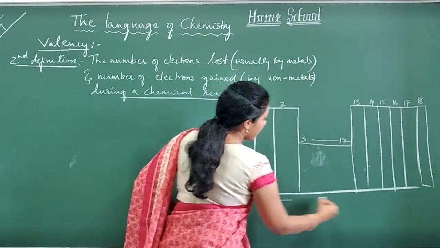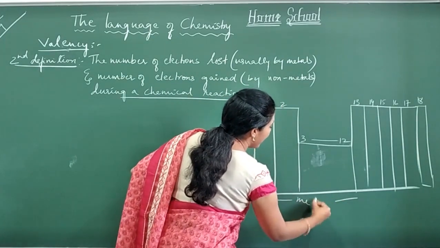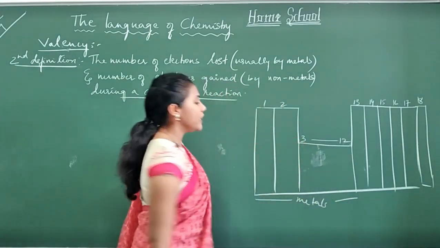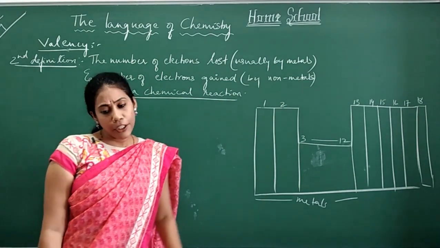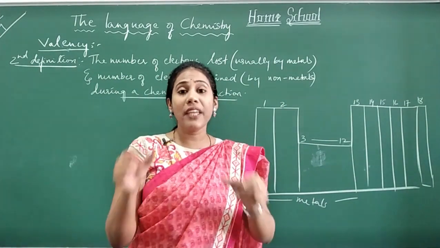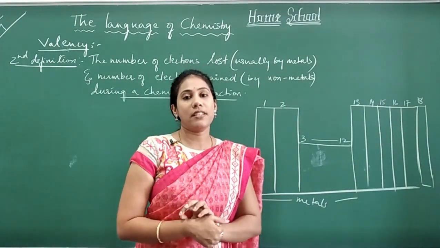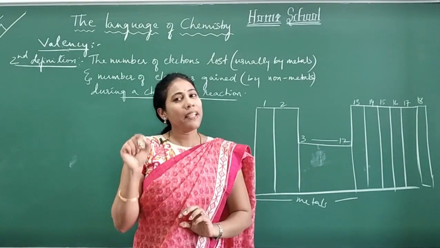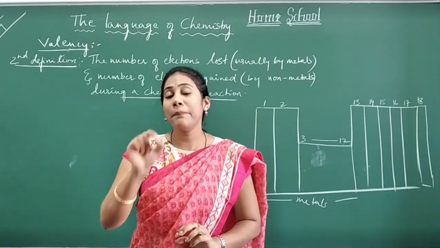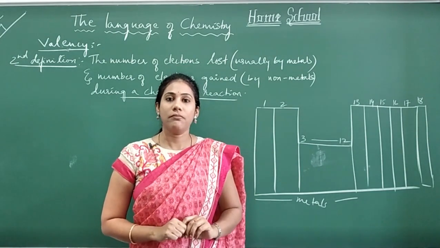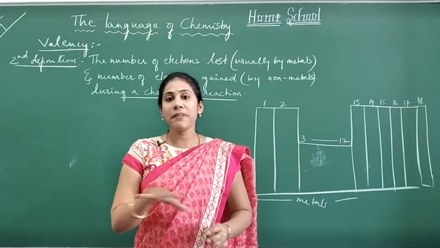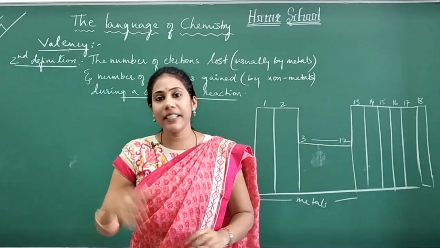All these elements we normally call metals. During a chemical reaction, they will always lose electrons. A chemical reaction is nothing but a business between the electrons. In normal language, business means giving and taking money.